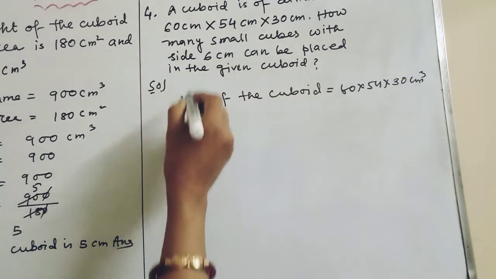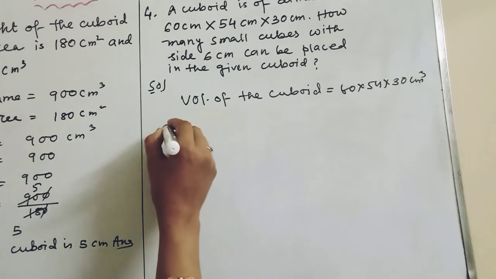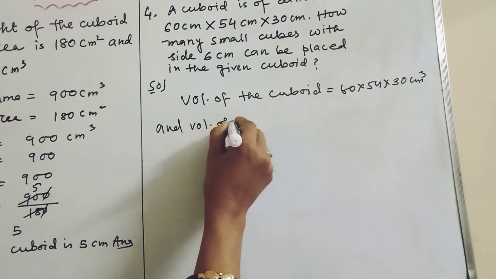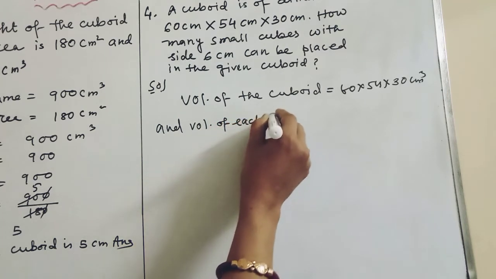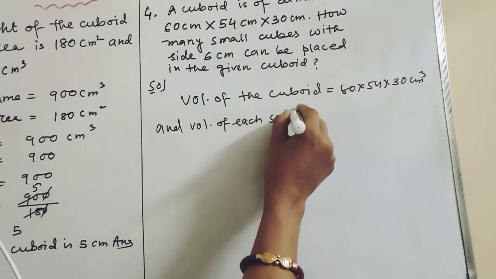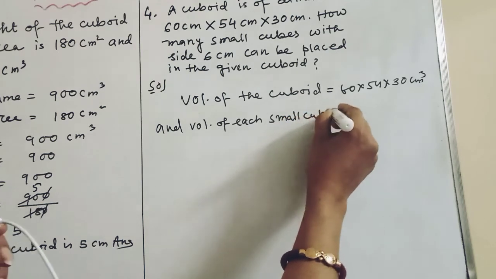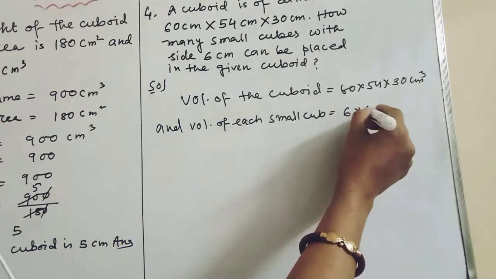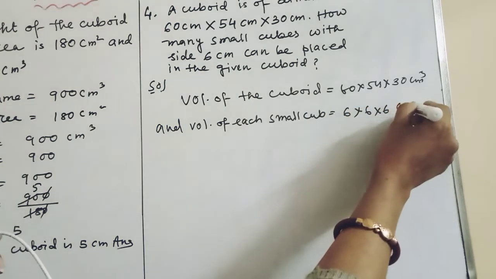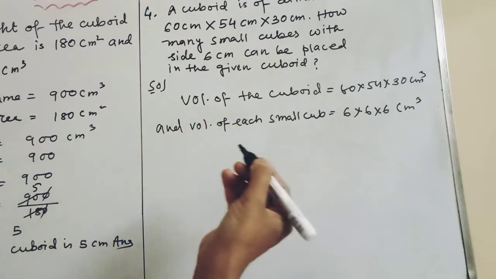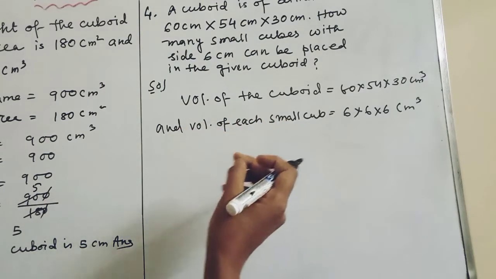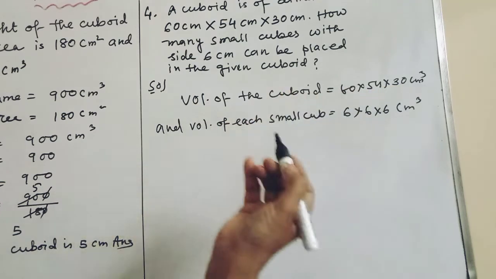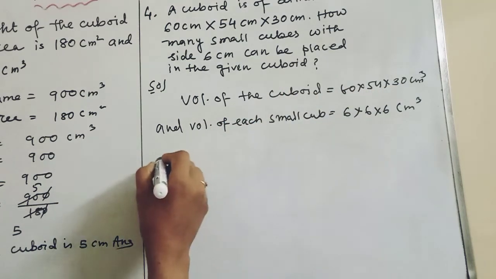Now volume of each small cube, whose sides are 6 centimeters, is 6 into 6 into 6 centimeter cube. So we have to find out the number of small cubes which will occupy the space of this cuboid.